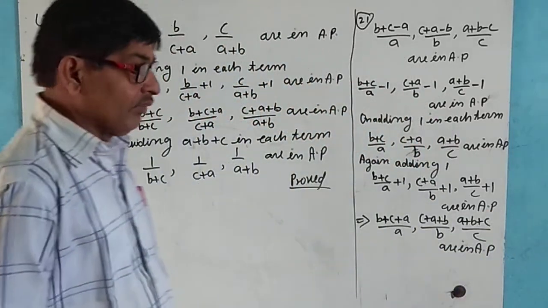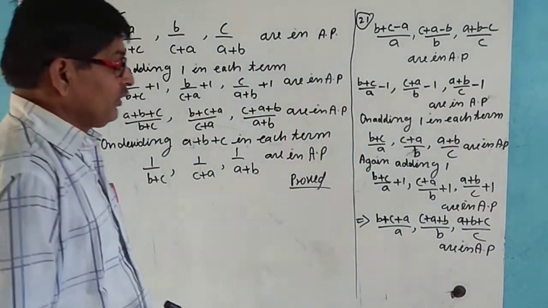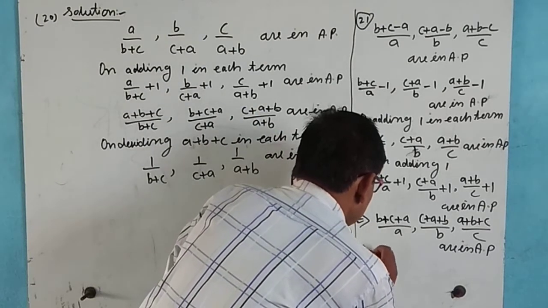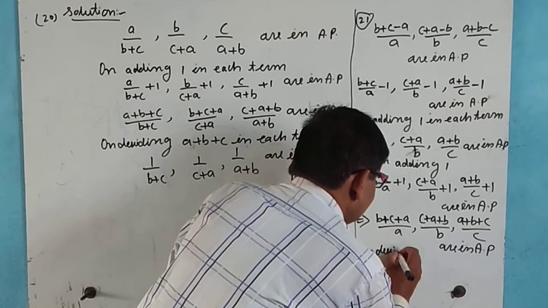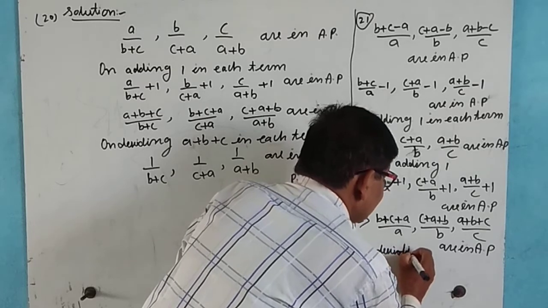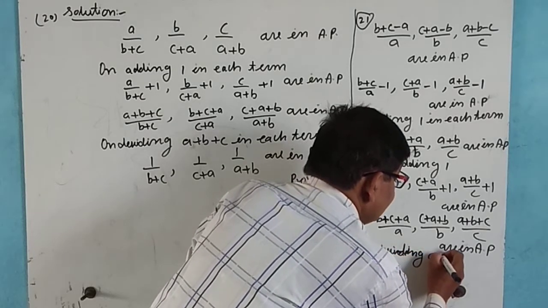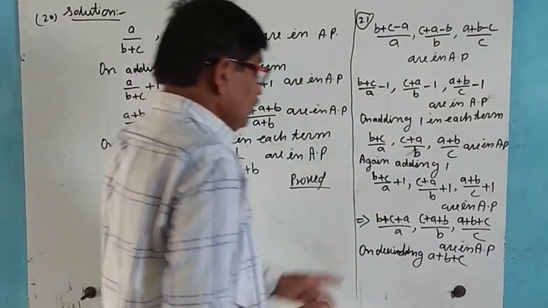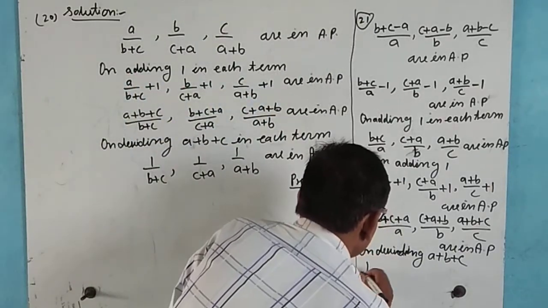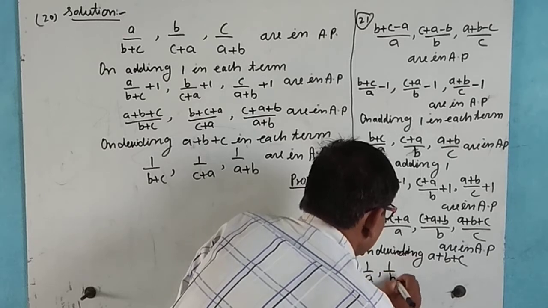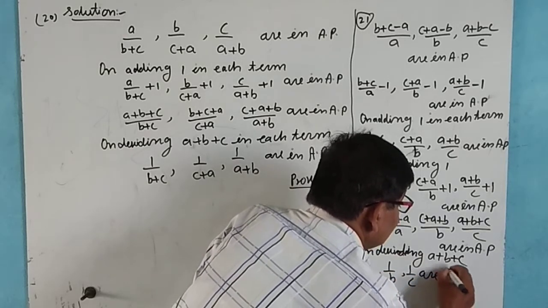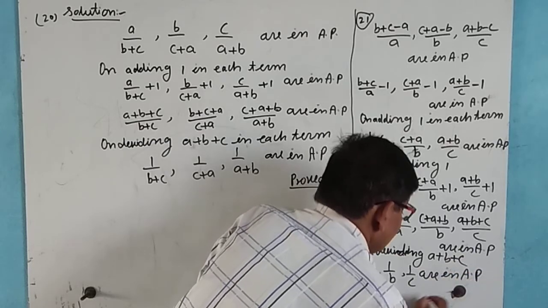And now on dividing by a plus b plus c in each term, we get 1 by a, 1 by b, 1 by c are in AP. Proved.